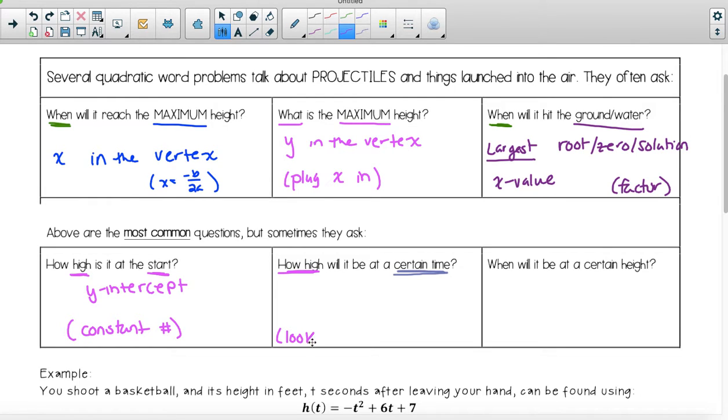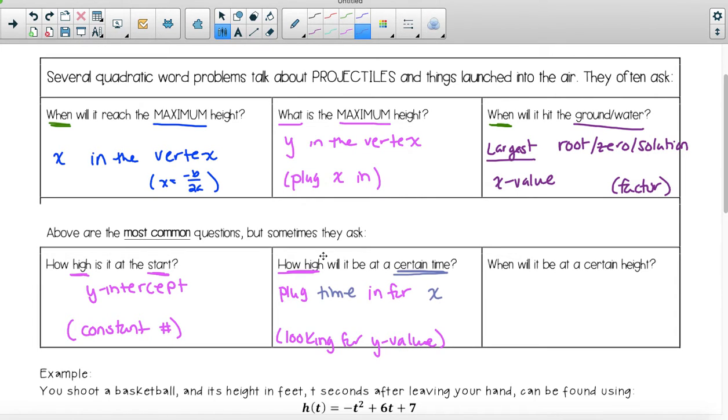Because it's asking for how high, you're looking for the y value, but to actually find it, you're going to plug in or substitute the time, whatever time they give you, for the letter x. So you'll literally plug that value in for the x, because the time is x. We need to know what the y value is.